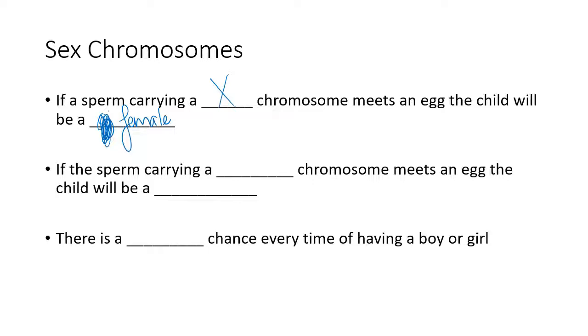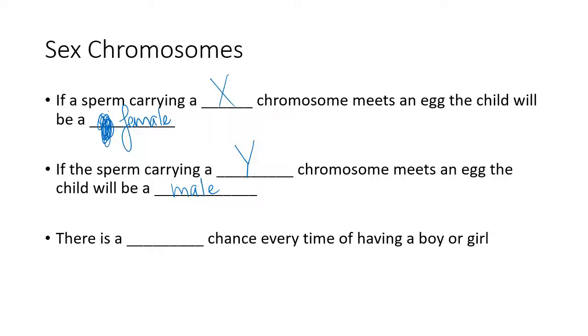Okay, so if a sperm carrying an X chromosome meets an egg, remember all eggs have X chromosomes. So every egg will have an X chromosome. Everybody gets one. But if a sperm carries an X chromosome and meets the egg carrying an X, we end up with a female. If the sperm is actually carrying a Y chromosome and it meets the egg with the X, that child will be a male.